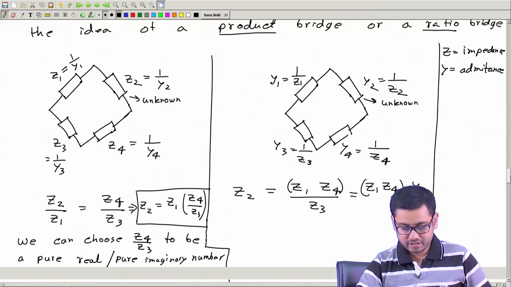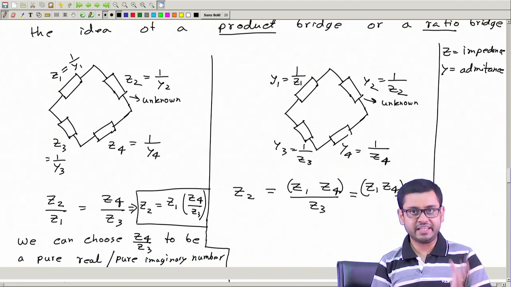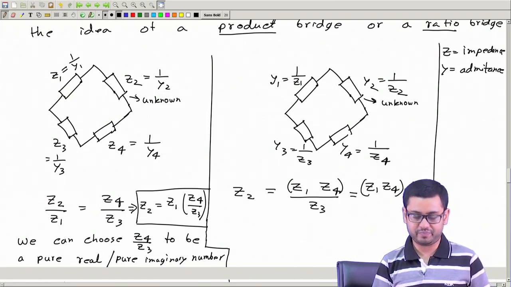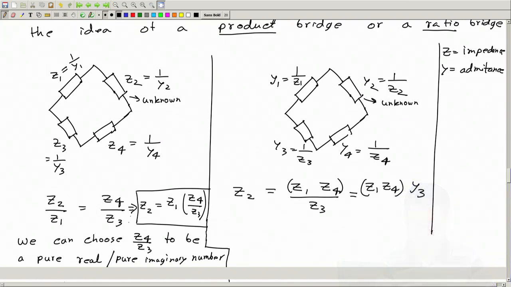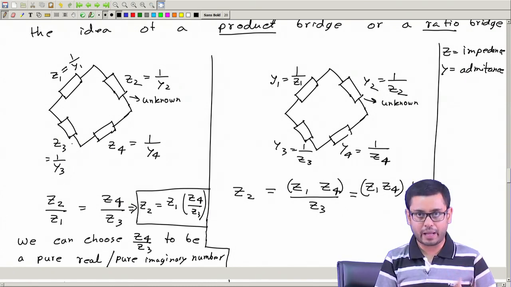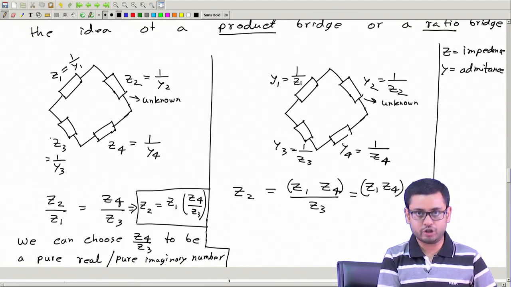Therefore, our goal was that one unknown will be given and 3 known arms are to be designed. We can design it in this way, keeping this equation in mind. If this is unknown, we can take Z4 and Z3, 2 side by side adjacent arms, to be purely real or purely imaginary, like pure resistance or pure capacitance, or one pure resistance, one pure capacitance, that is also fine.